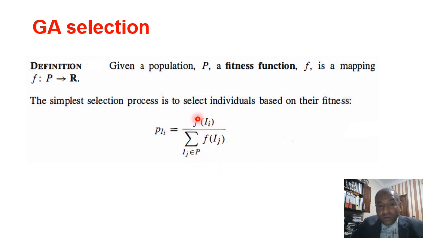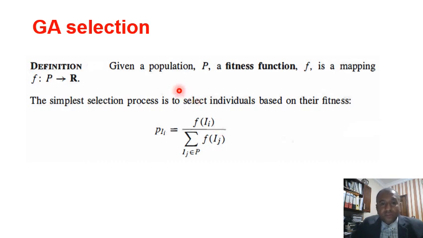We compute the fitness of each individual, and then the sum of the fitness of each individual belonging to the population, where Ij is an individual belonging to the population generated. And then this probability constitutes the chance that this solution will continue in subsequent generations in the genetic algorithm run.